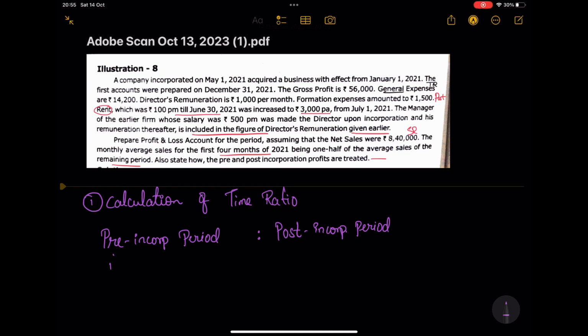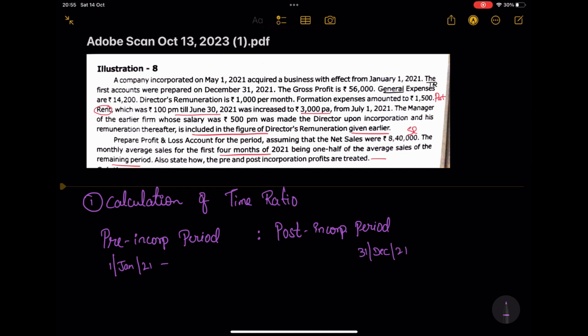My books of account start from 1st Jan 21 and end at 31st December 21, isn't it? This is what they have given in the question.